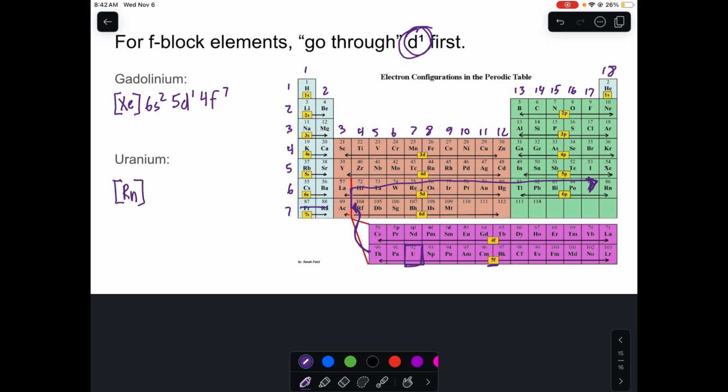After radon, we go 7s2. Then we go 6d1, 6 because we dropped down. So even though we're in the 7th row over here, the D drops down. So 7s2, 6D1, and then finish up the F with 5F3.